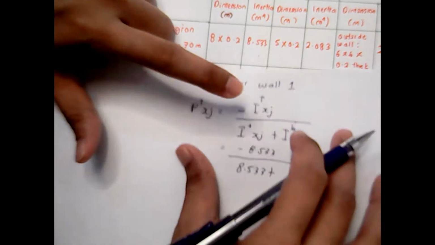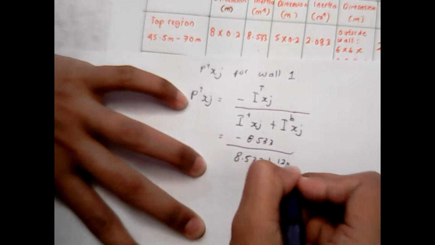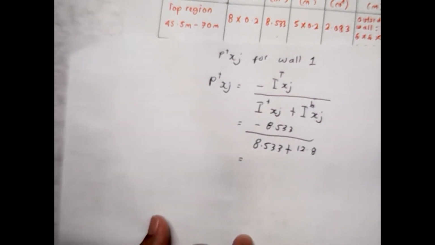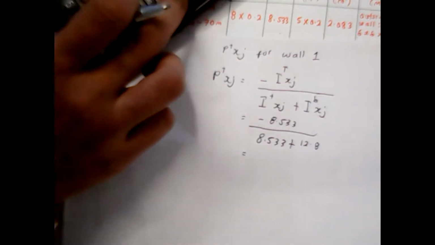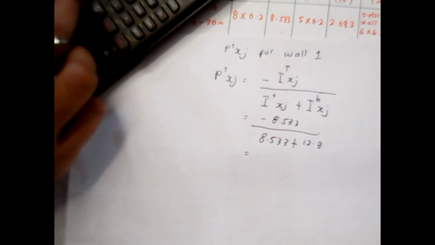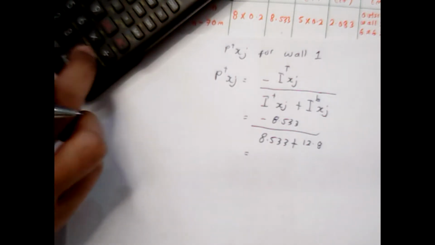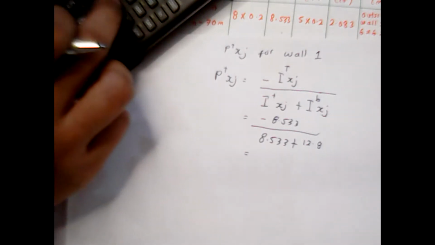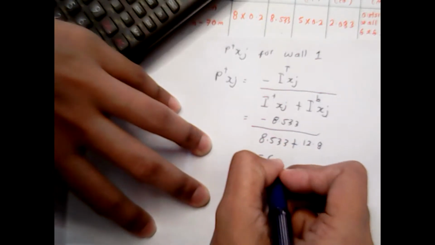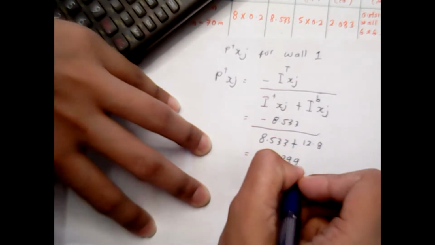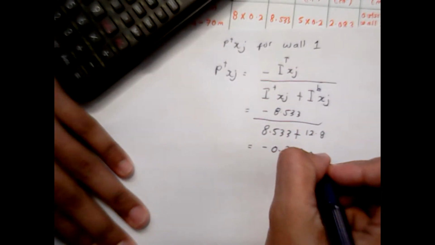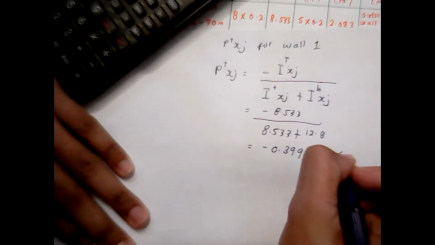Bottom is 12.8. So here you add with 12.8. So finally, if you calculate this, what did you get? You get 8.533 divided by 8.533 plus 12.8. So you get negative 0.399. So you can round it up to negative 0.4.